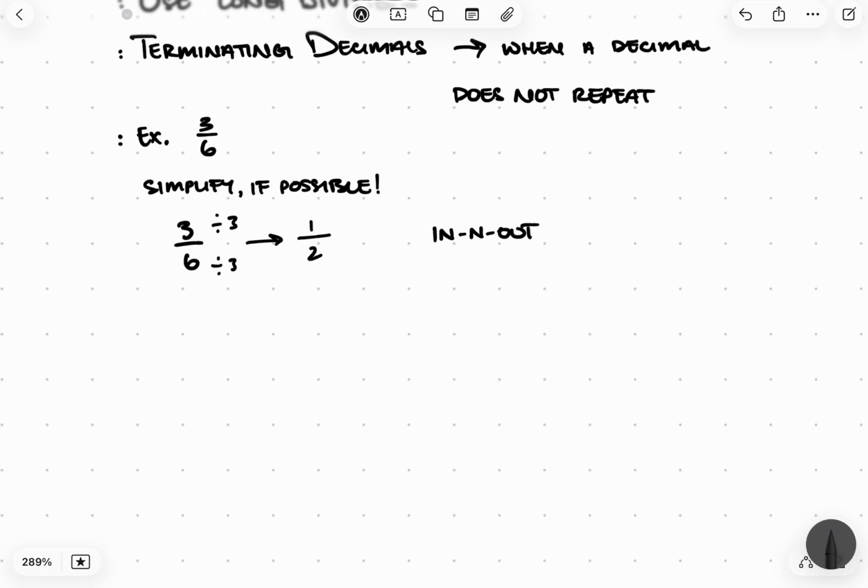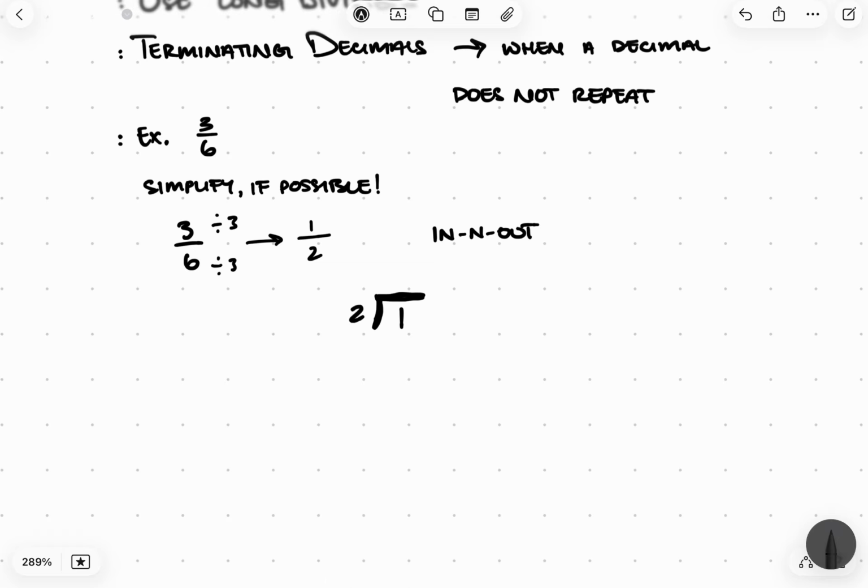So the thing is, you have to have this little hook here to do long division. And sometimes I would mistake which number should go where. Because I would think, oh, because it's in order, I will put the 1 in the front and the 2 inside the bracket. But that's not what you're supposed to do. It's supposed to be in and out. So we have 1, so that's the in, and then 2, out.